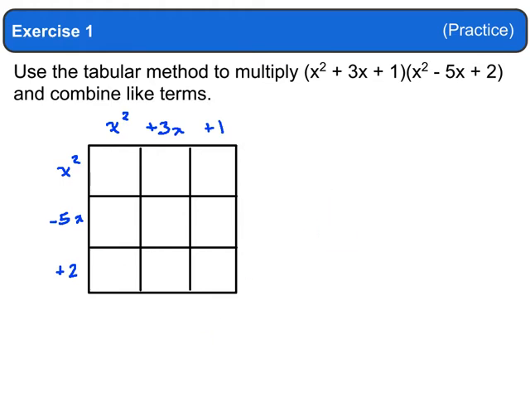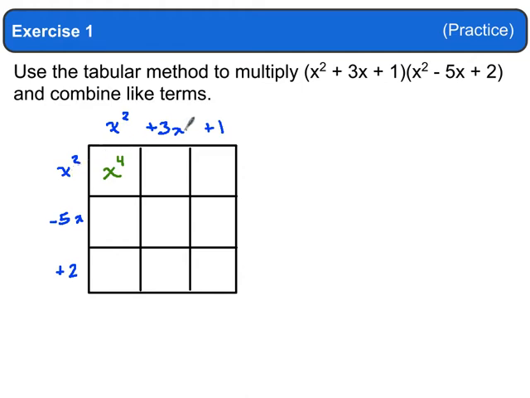So what we do is we're going to multiply everything that relates from column to row. So everything in this first row is going to get multiplied to each of these columns. So x squared times x squared is x to the 4th. We add those exponents, by the way.